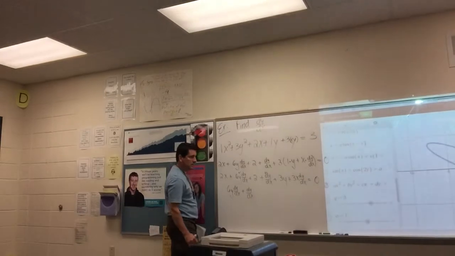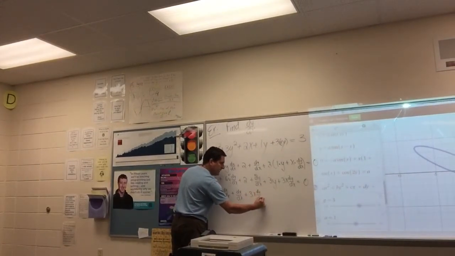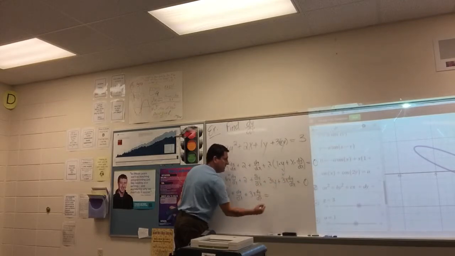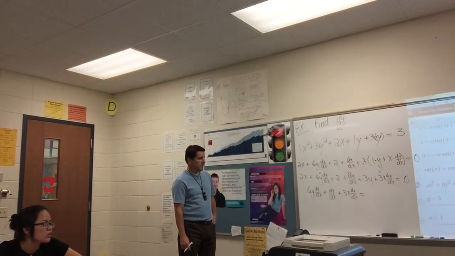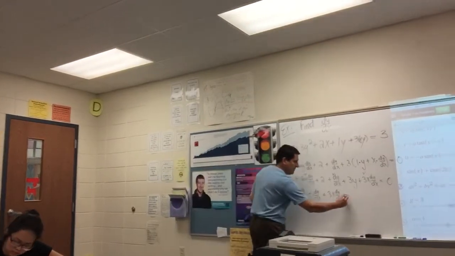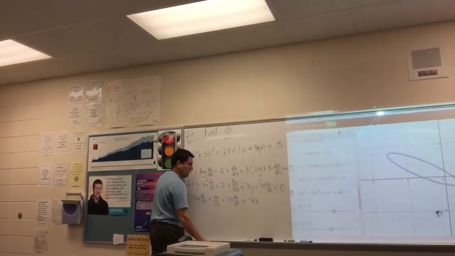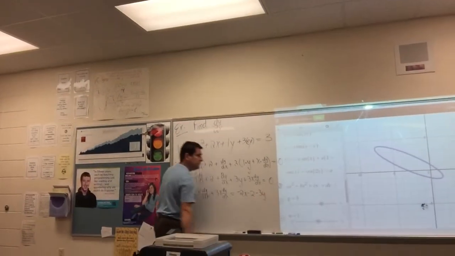It's that one. Plus 3x dy dx. It's that one. Equals. Then we'll put the other two terms on the other side. So that's going to give me a minus 2x, minus 2, minus 3y.